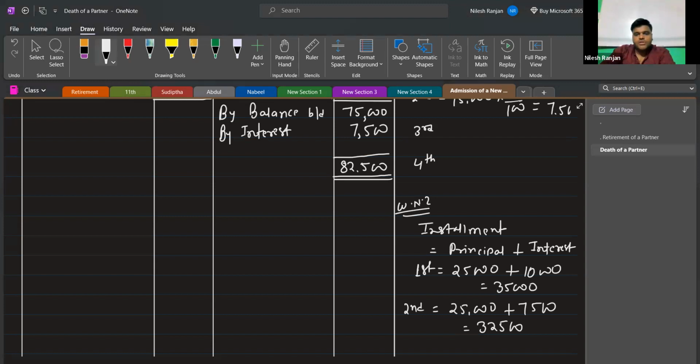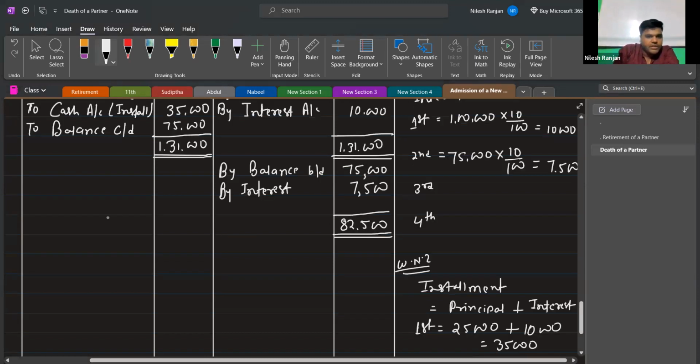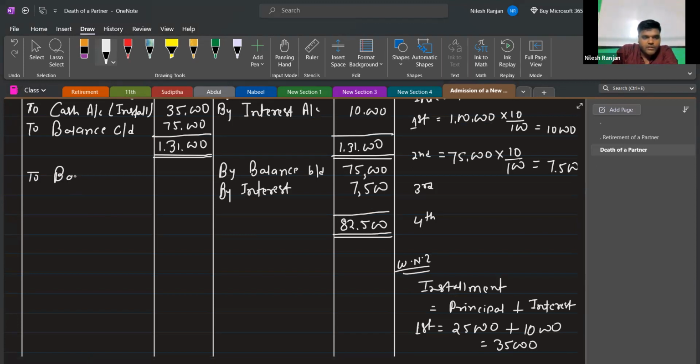Okay, so it is 32,500. So the amount will be here 32,500. Cash account, 32,500, and to balance CD.